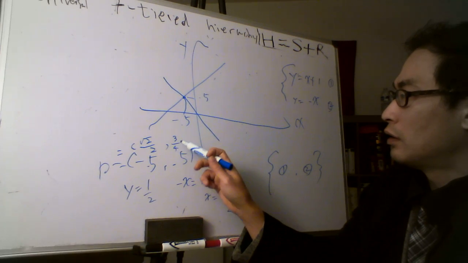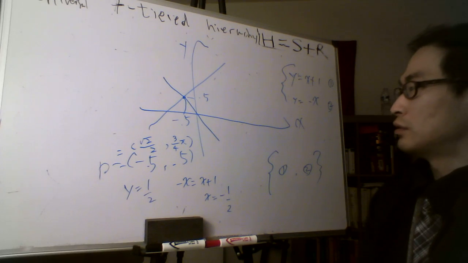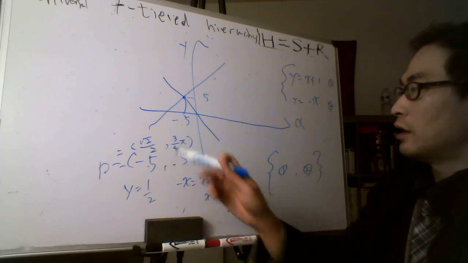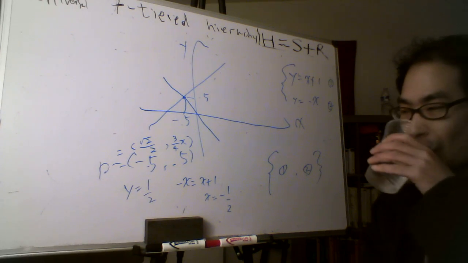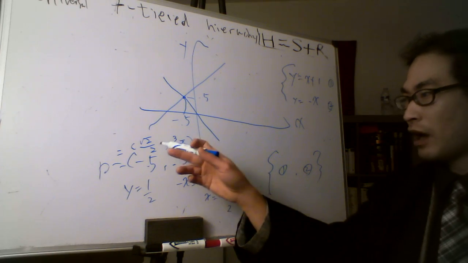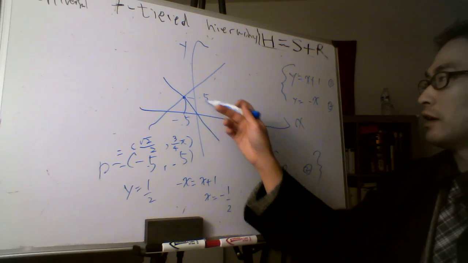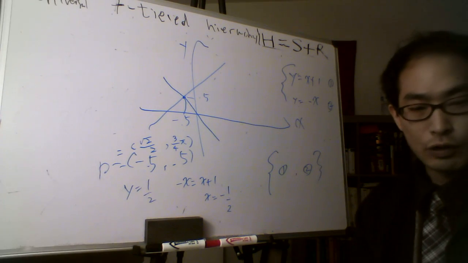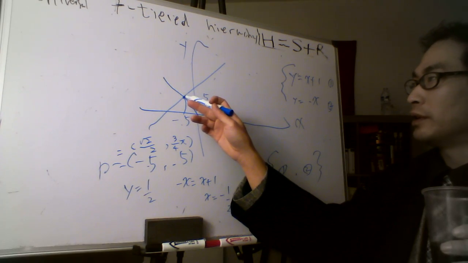Pi is 180 degrees. So in polar coordinates, it's that: r comma theta, the radius, the length, and the angle. That is called polar coordinates. So there are multiple ways to define a single point.